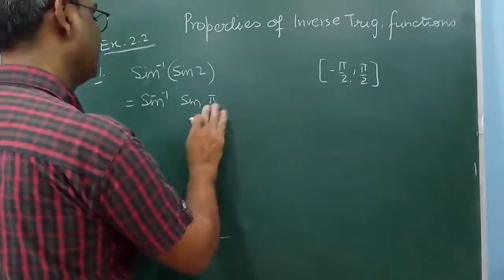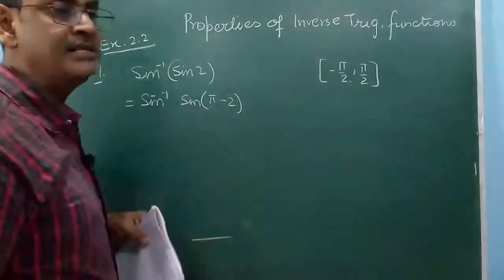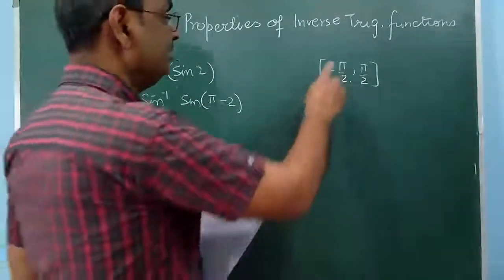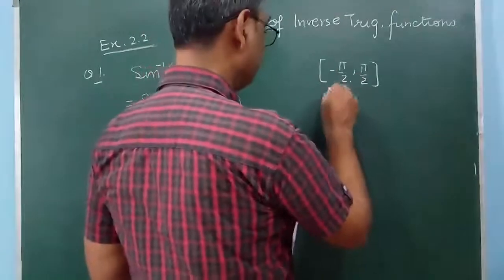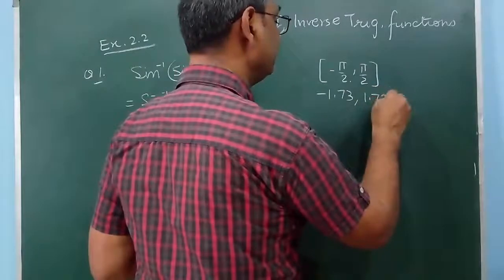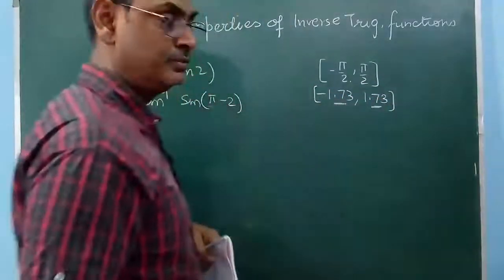What is pi? Pi is 3.14, so 3.14 minus 2. First, 3.14 divided by 2 is 1.57, and the value must come in between these two.